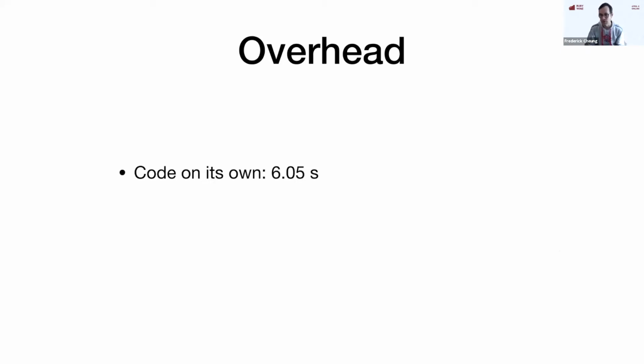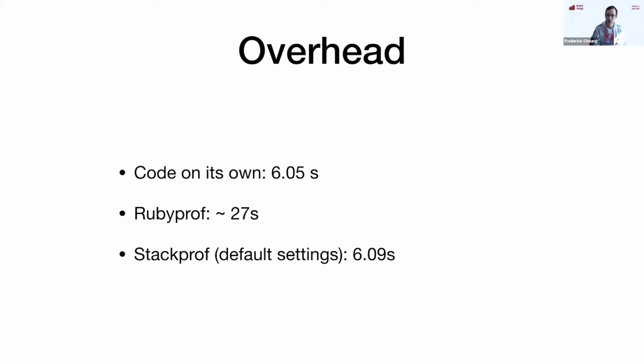When I ran it through ruby-prof, it took 27 seconds, so I'm getting that kind of 4 to 5 times slowdown. And when I ran it on stackprof with its default settings, which is stopping to measure once every millisecond, I got 6 seconds, and maybe the difference between those two is a measurement error, right? It has almost no overhead.